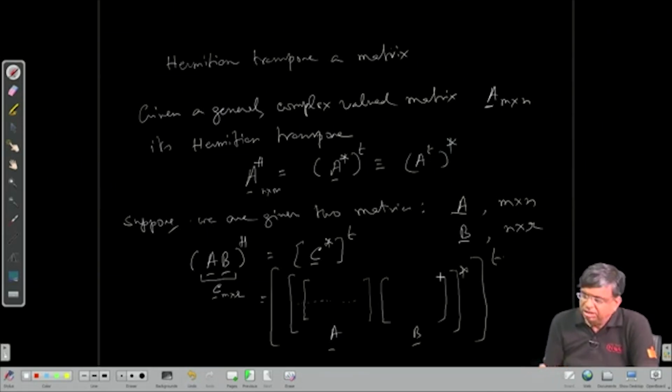So A, B, C, C star. Now, every element of C is to be conjugated.